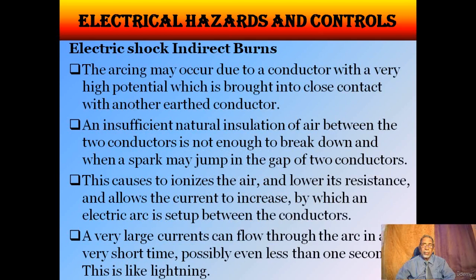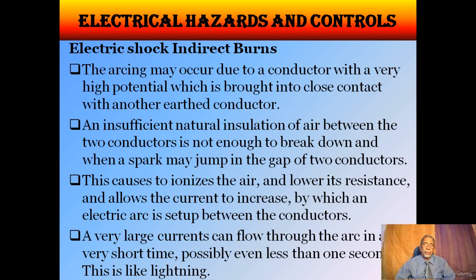We already discussed arcing. The arcing may occur due to a conductor with a very high potential which is brought into close contact with another earthed conductor. This is the reason for arcing.